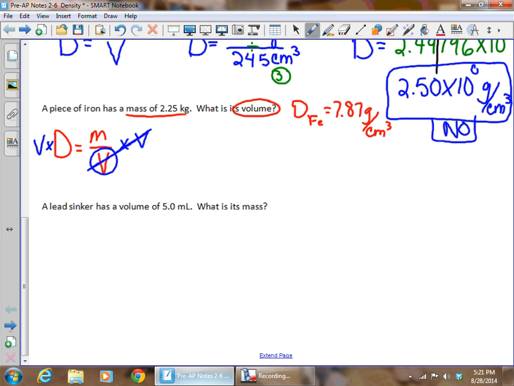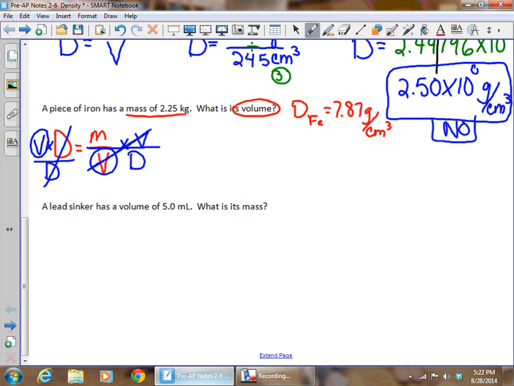So right now we're left with V times D equals M, but we don't want to have D with V. We have to have volume by itself. So if we want volume by itself, now we're going to need to divide both sides by D. If we divide both sides by D, it reduces to 1 on this side, or cancels.